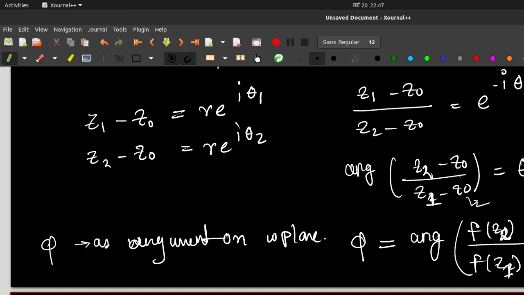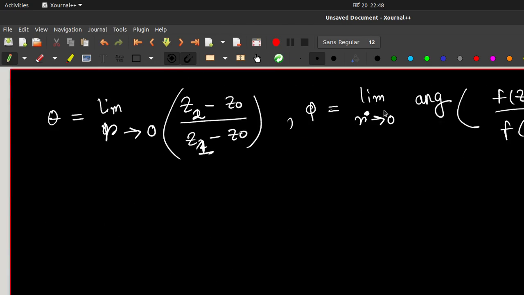You can use r prime if you want, and this would be given by the argument of f of z2 minus f of z0 divided by f of z1 minus f of z0. And since the distance, that means the r, will go to 0, it's better to keep just only 1 r so that we can avoid confusion for now.